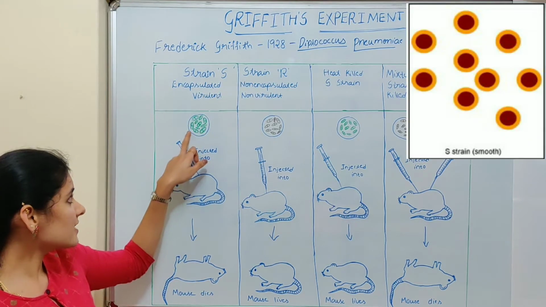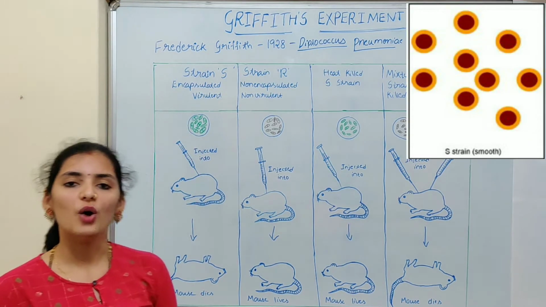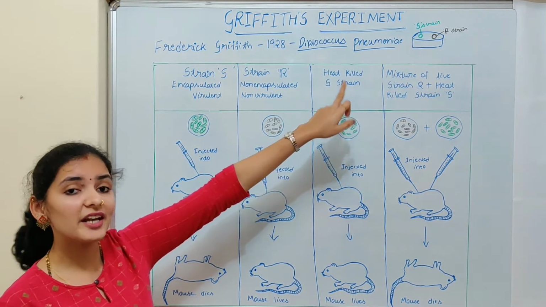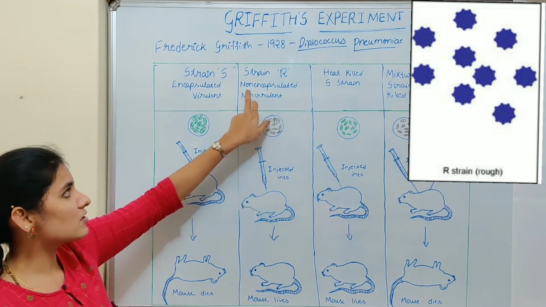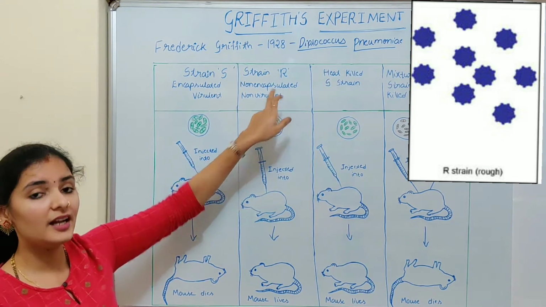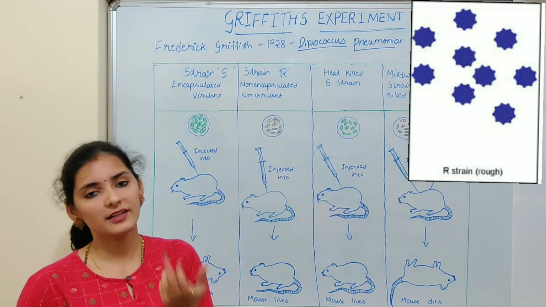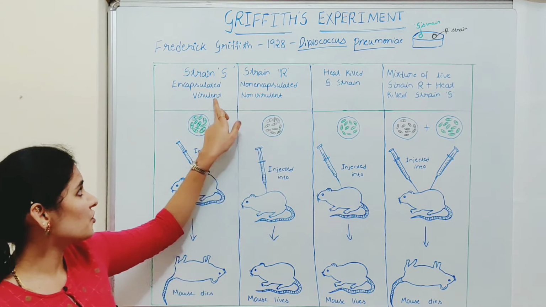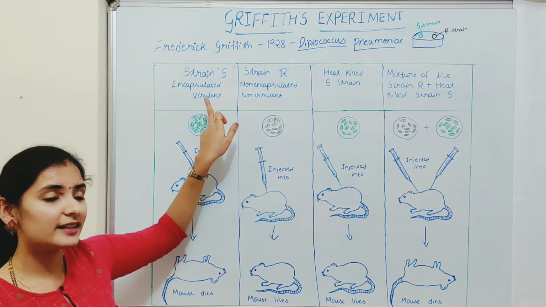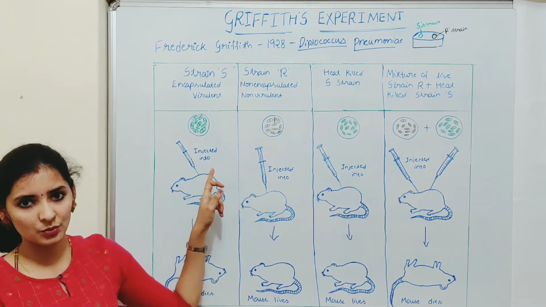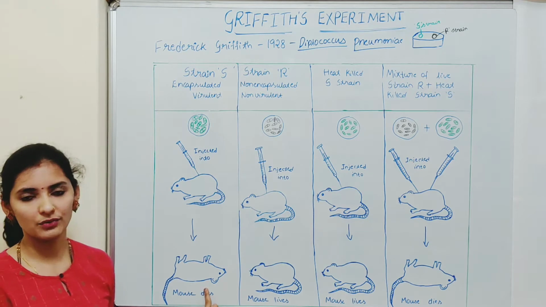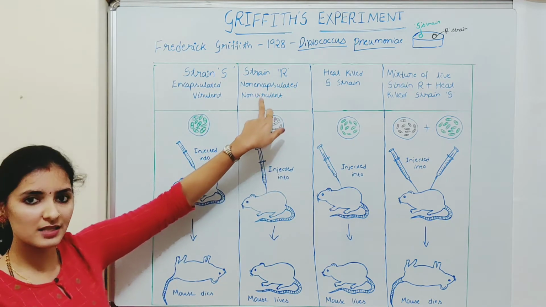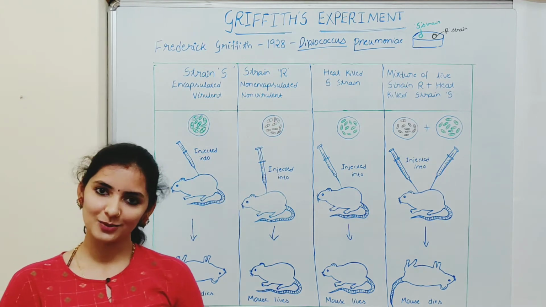Encapsulated means it has a covering or capsule of mucin. Mucin is a polysaccharide, whereas the R strain was rough because it was non-encapsulated, meaning it does not have a covering of mucin. He also found that the S strain was virulent. Virulent means it is this S strain which causes pneumonia and results in the death of the individual. Whereas the R strain was non-virulent, meaning it does not cause pneumonia.